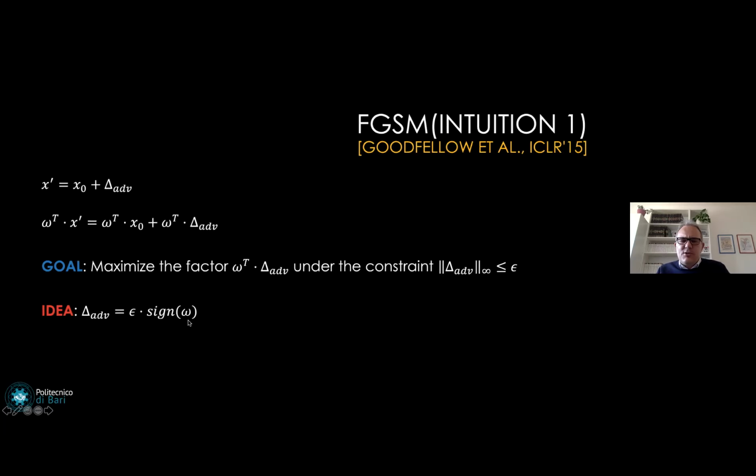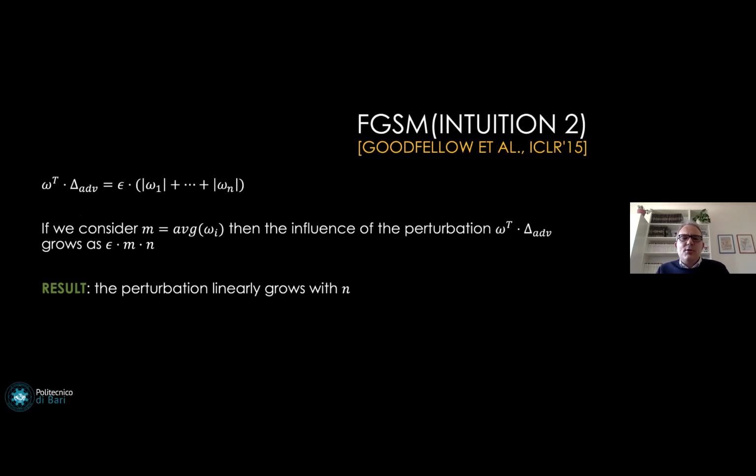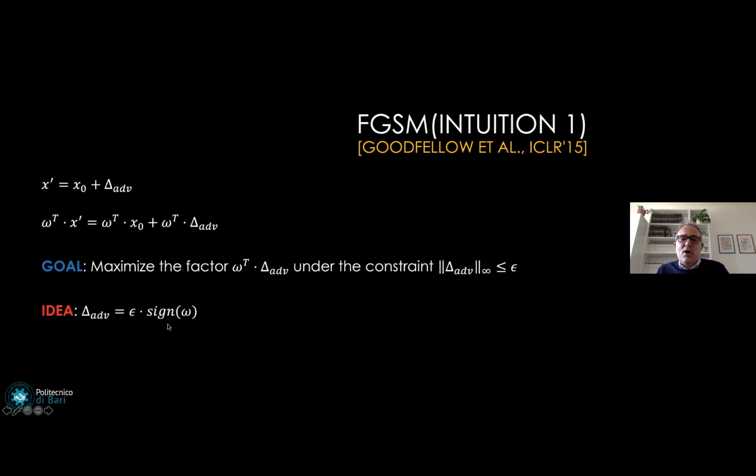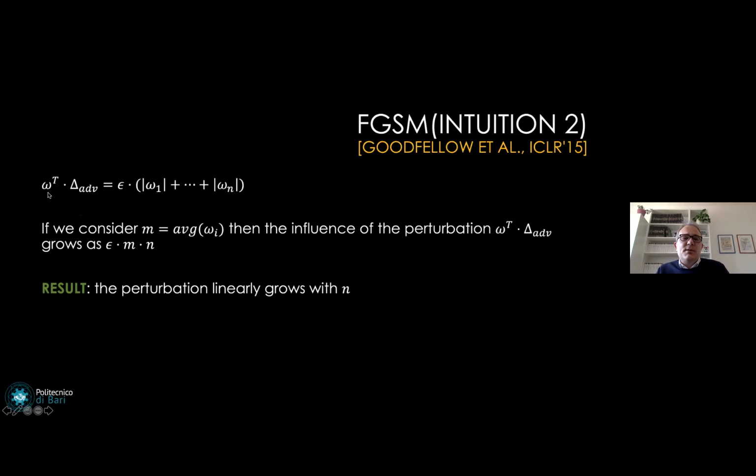So why could this be a good idea? If we consider the perturbation as the sign of omega, we see that this product is equal to epsilon, the perturbation budget, times the sum of the absolute values of all the elements within the vector omega.